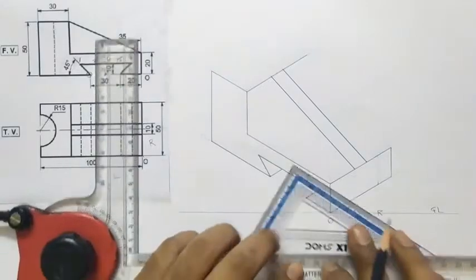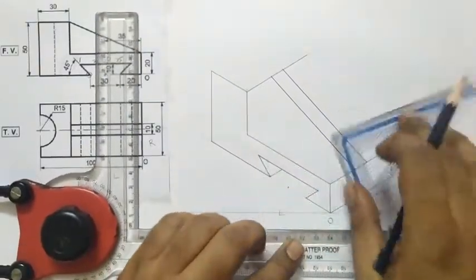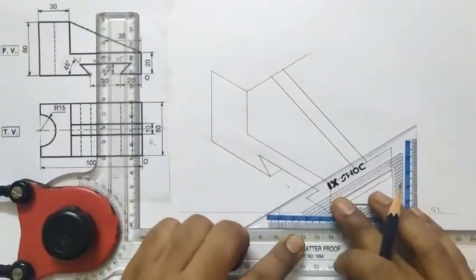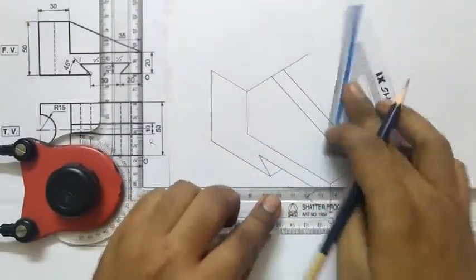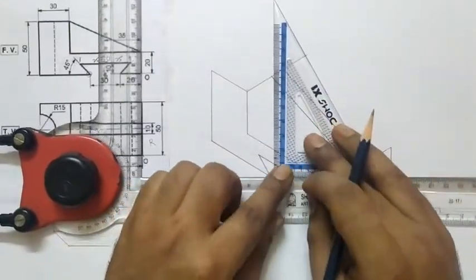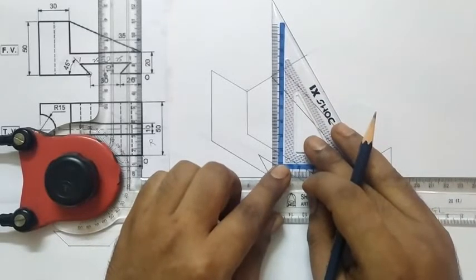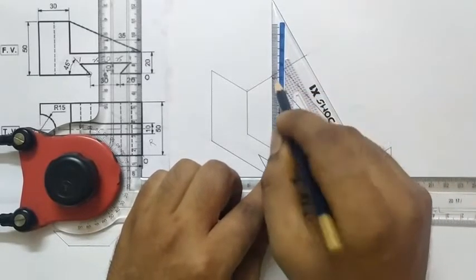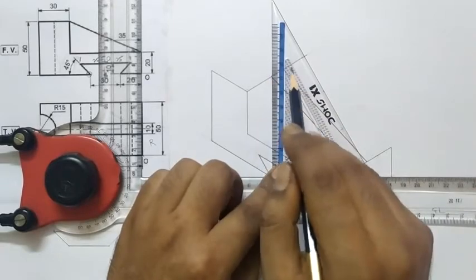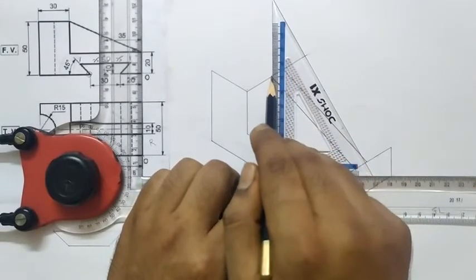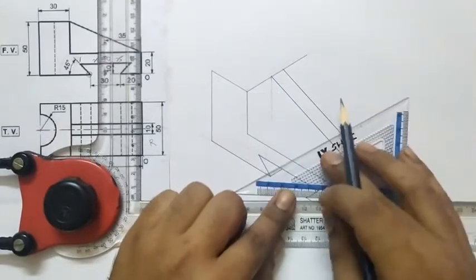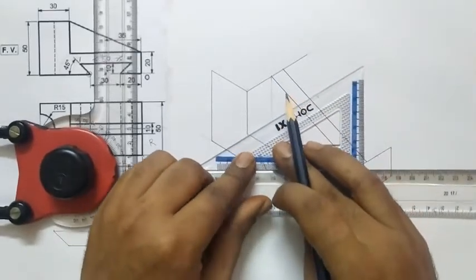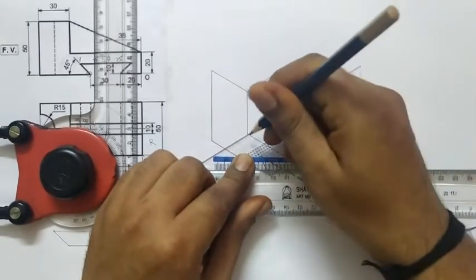Right? Now you are able to see the edges, and for that I will construct a perpendicular here. From this point, draw a perpendicular, vertical length, right? Now I can join this.